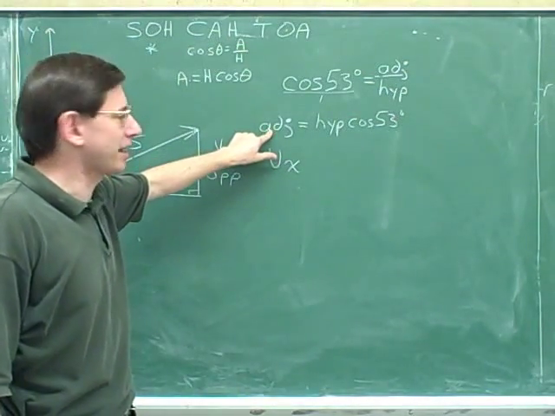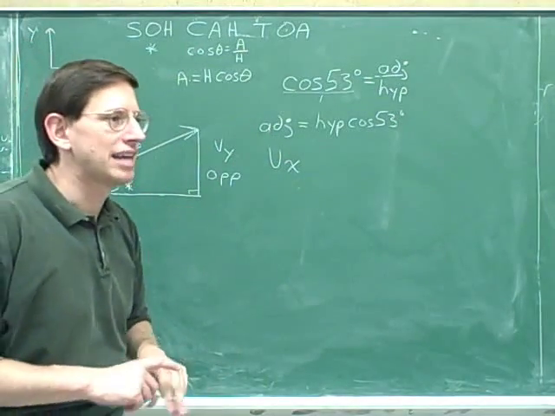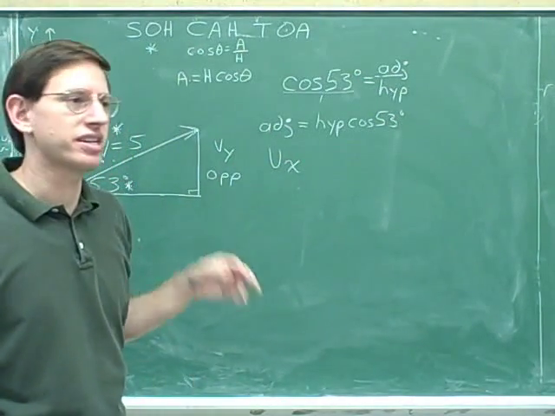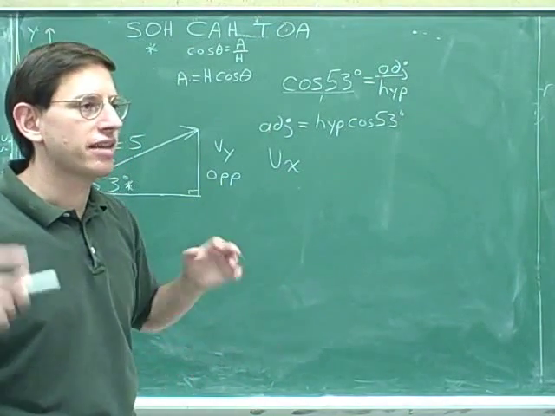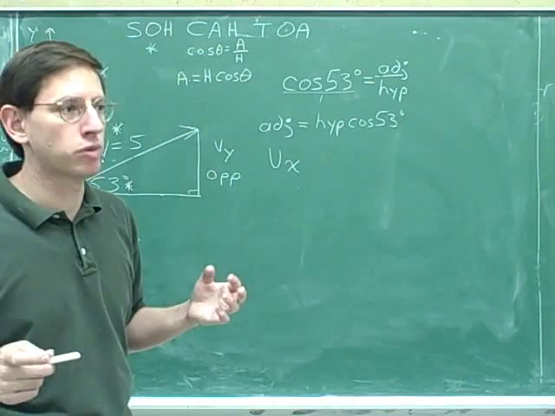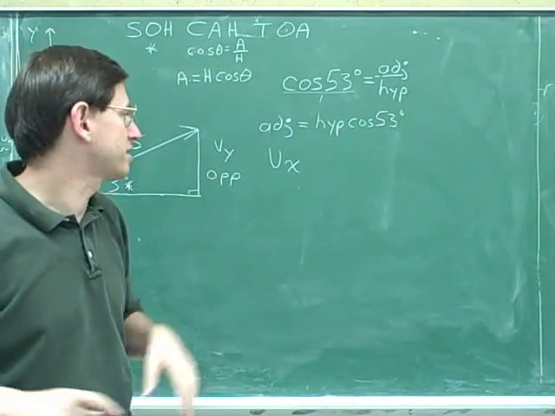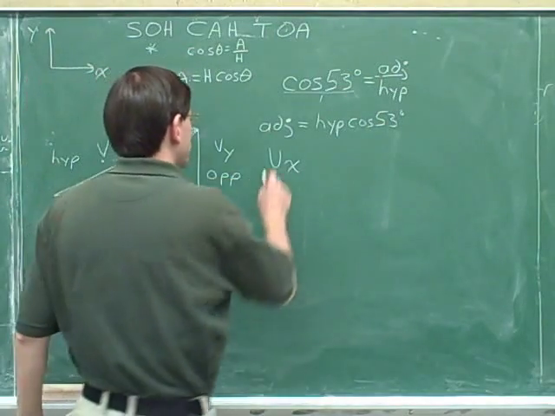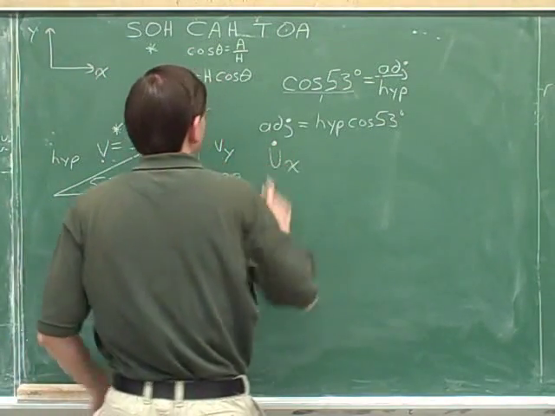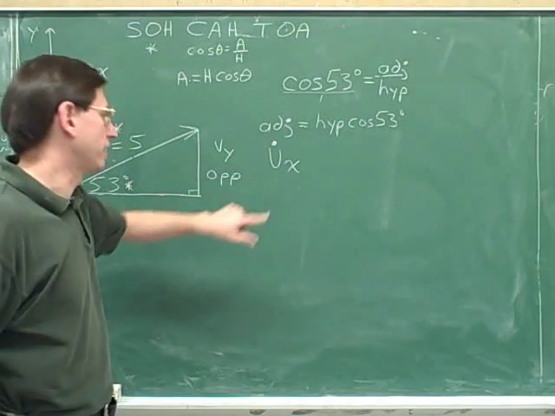This is supposed to be the length of the adjacent side. Well, a length could never be negative. It doesn't make sense to say that the length is -5 or -6. Lengths are always positive. In geometry, we're working with positive numbers, positive lengths. So we should not really be plugging in the signed component here. We should be plugging in the magnitude of the x component.